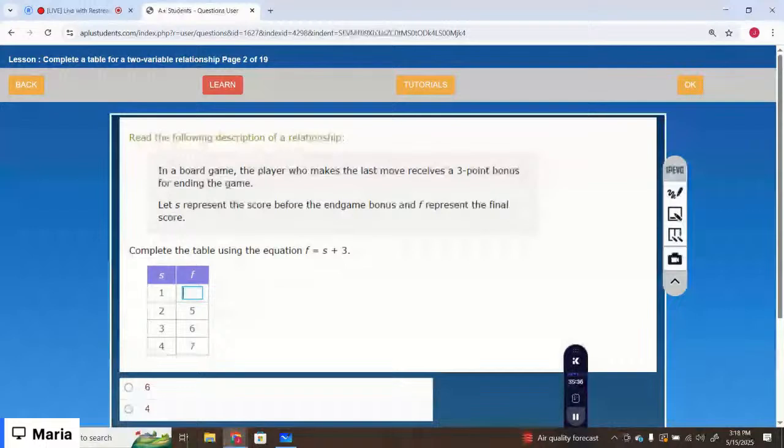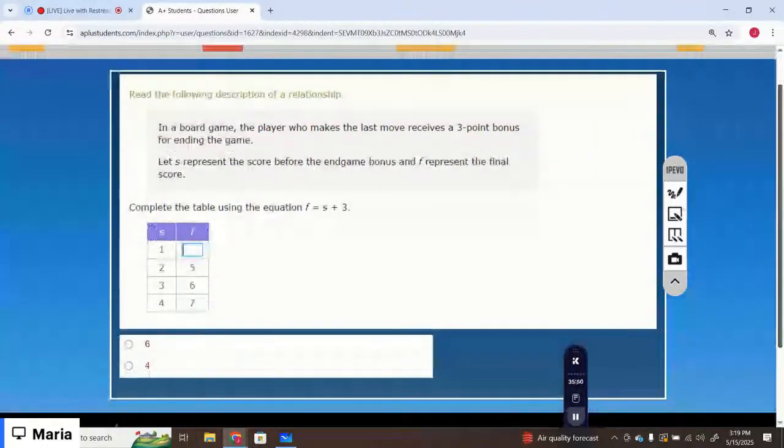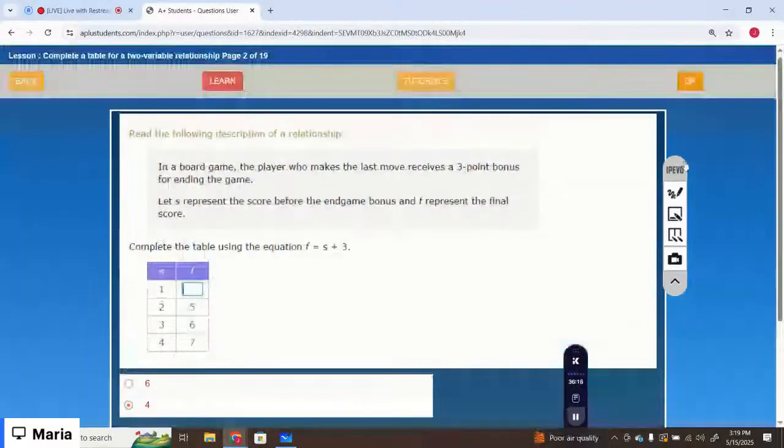Read the following description of a relationship. Complete the table using the equation F equals S plus 3. One plus 3 is 4. Option number 2 is the correct option.